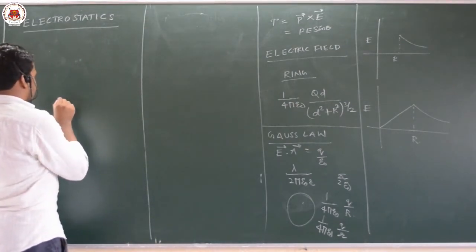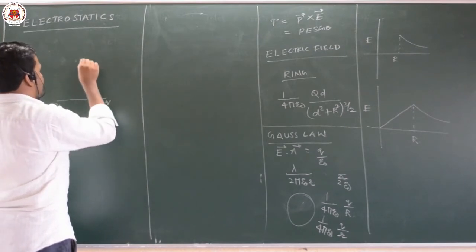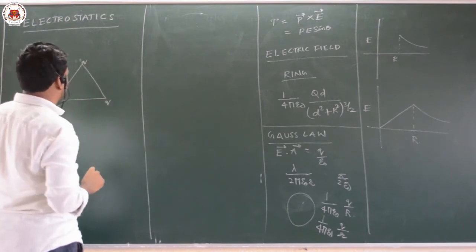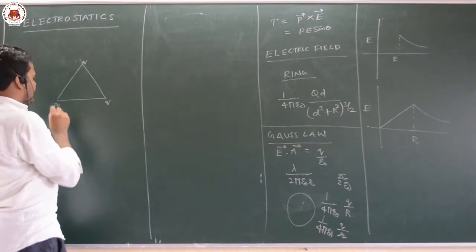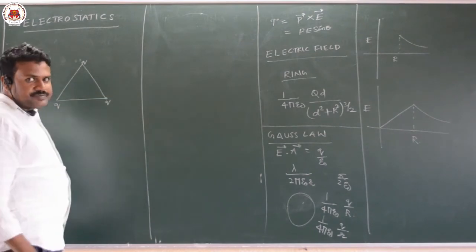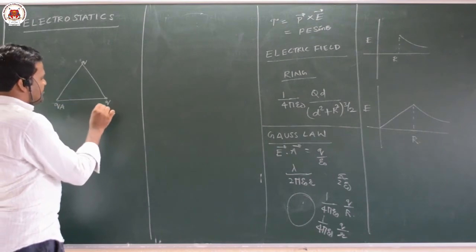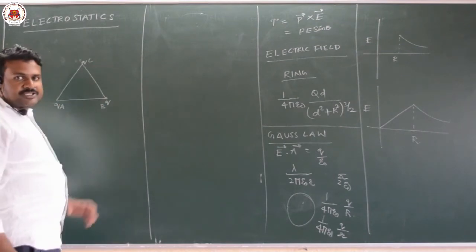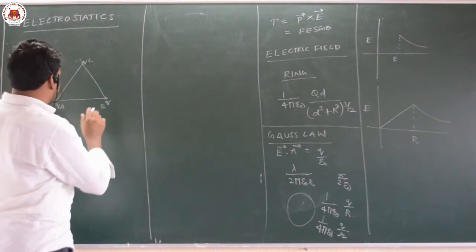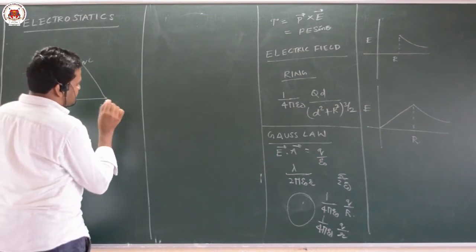Let us take 3 charges of charge q placed at the vertices of an equilateral triangle. If I want to find the electric field at vertex B, here you place a unit positive charge.